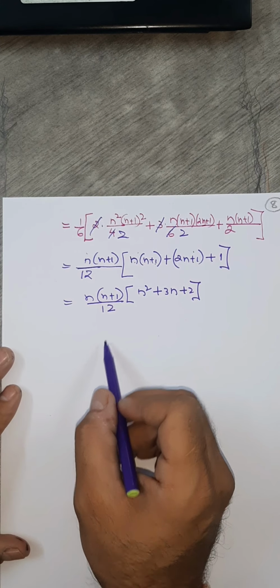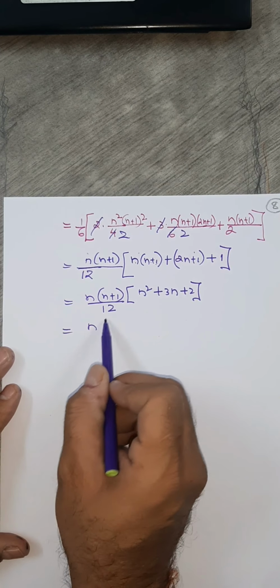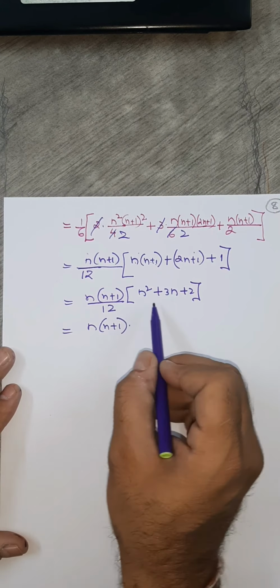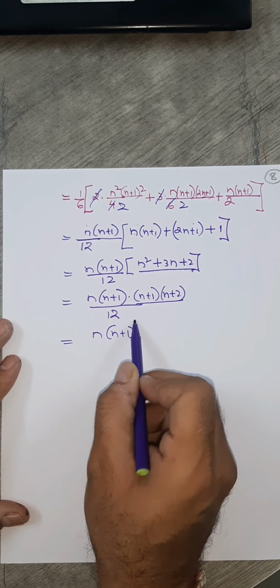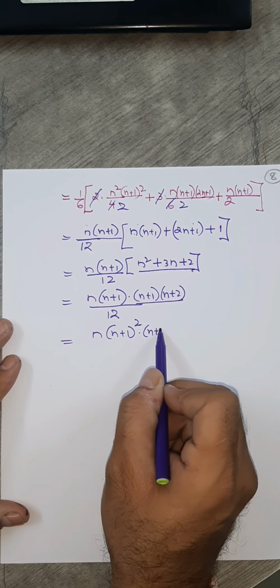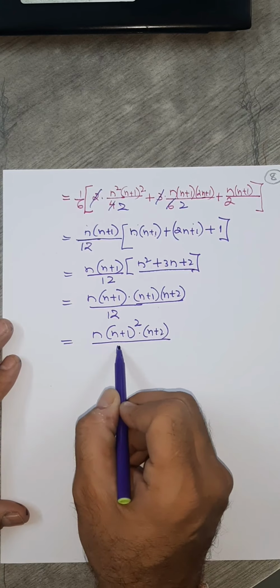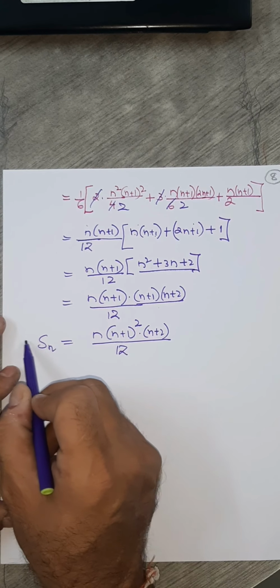Now this is a very standard quadratic. You can factorize. What are the factors here? n plus 1 into n plus 2. You can just verify. So we have n into n plus 1 the whole square into n plus 2 by 12. This is the required summation.